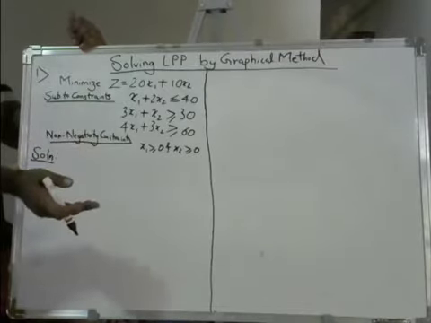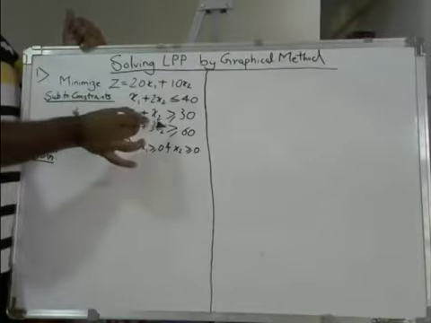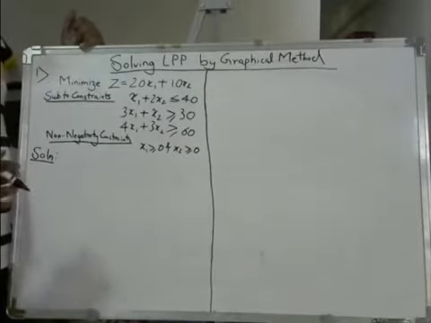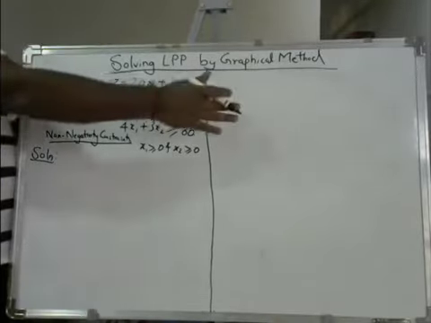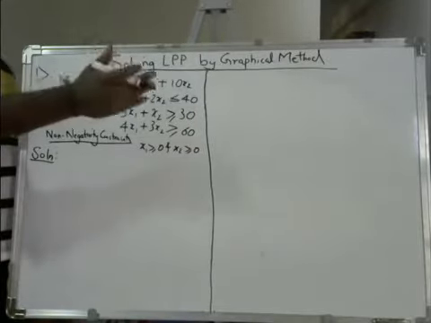What are inequations? These are not equal to signs here. They are less than or equal to, greater than or equal to. We need to convert them into equations. Once we convert inequalities into equalities, we will be able to get the coordinates to plot a graph. Before we plot a graph, we need the coordinates of x1 and x2.